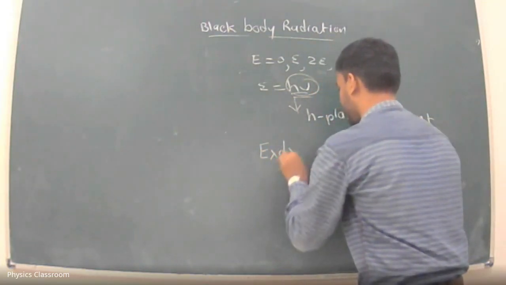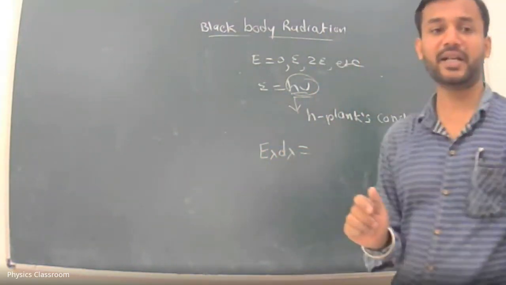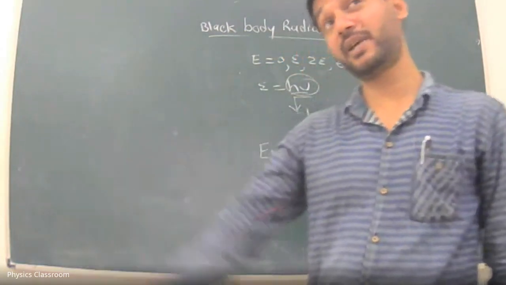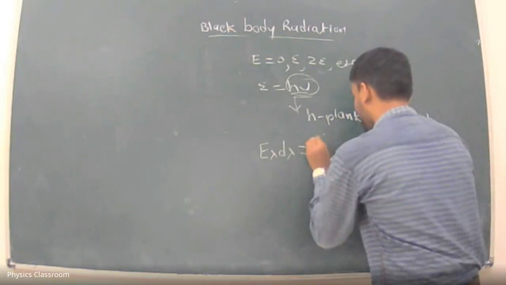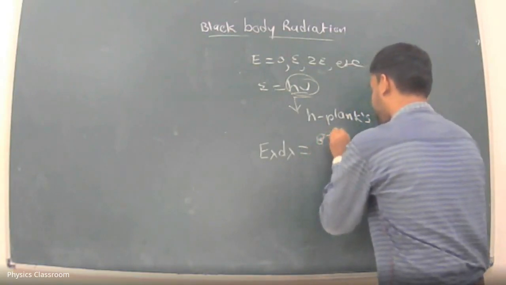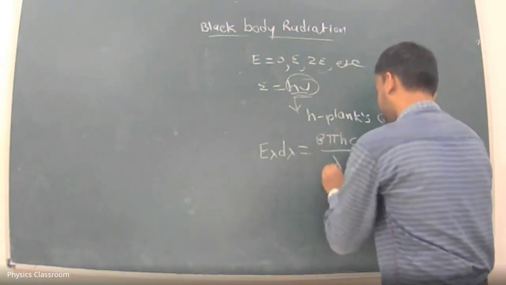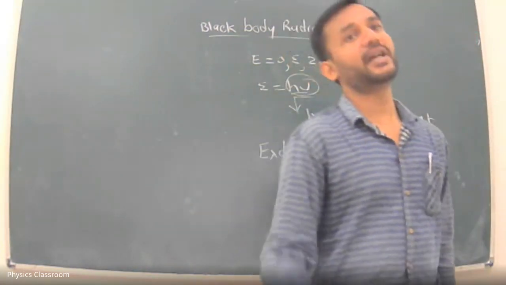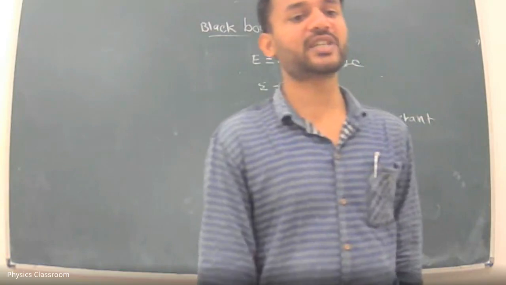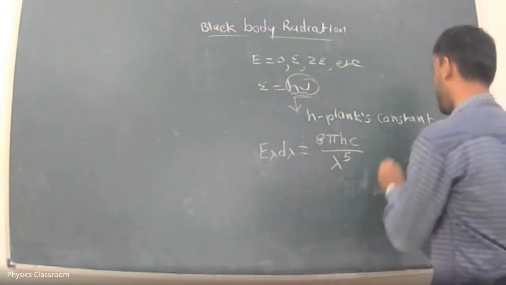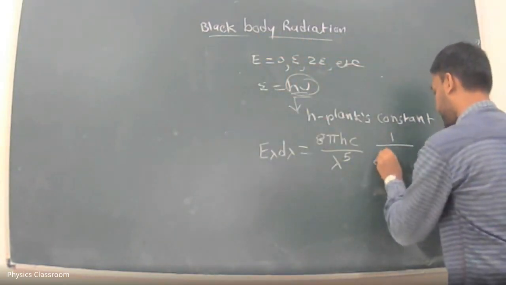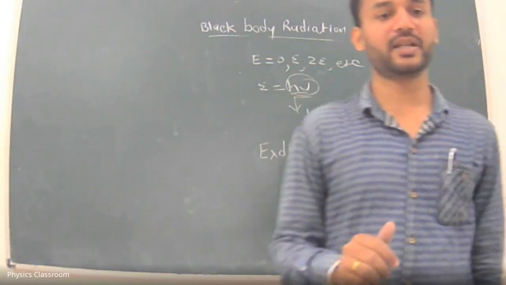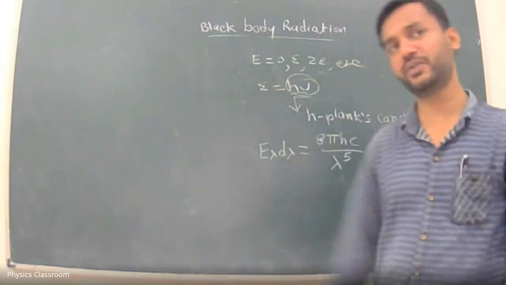What is this equation? E lambda d lambda is equal to 8 pi hc divided by lambda raised to 5, into 1 upon e raised to hc upon lambda kT minus 1, into d lambda.